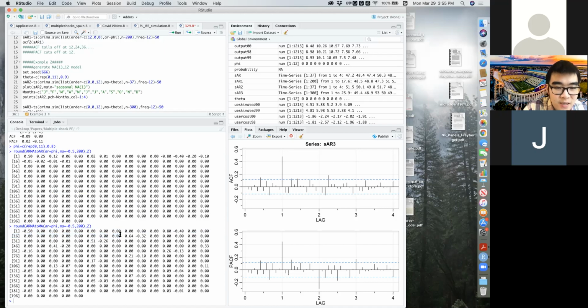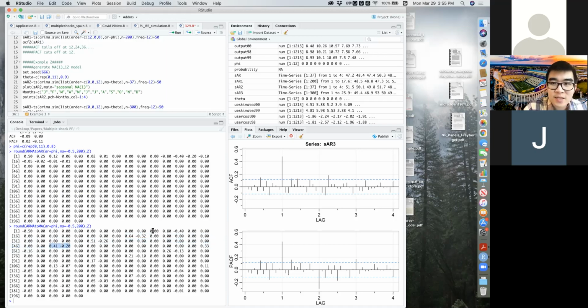In lags 24 and 25, it becomes 0.64 and negative 0.32, and becomes 0 again. Then it becomes 0.51, negative 0.26, and 0 again, and 0.41, negative 0.2.